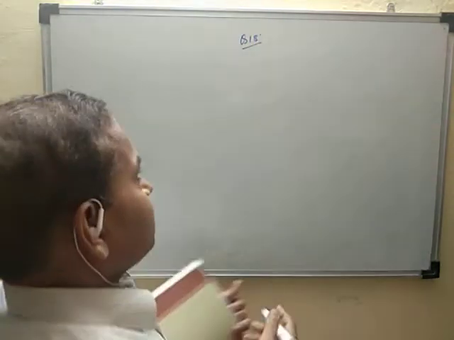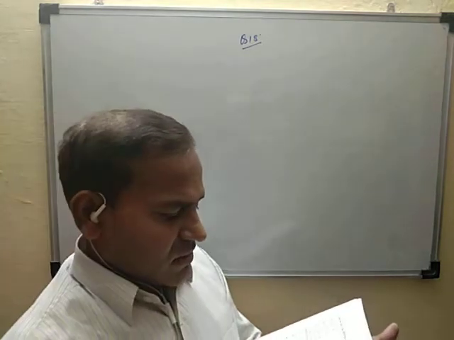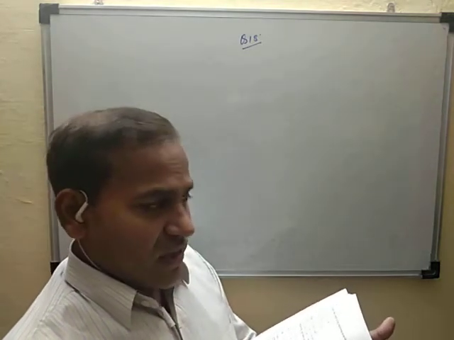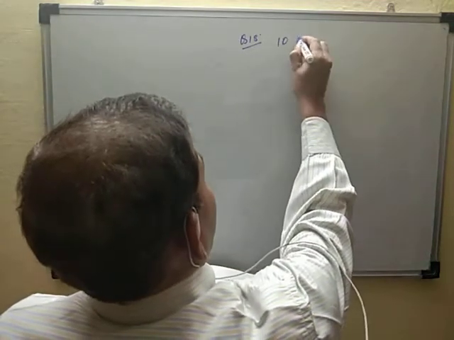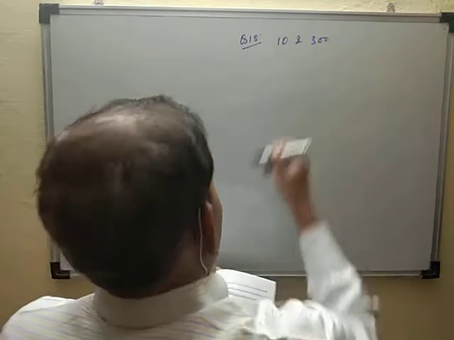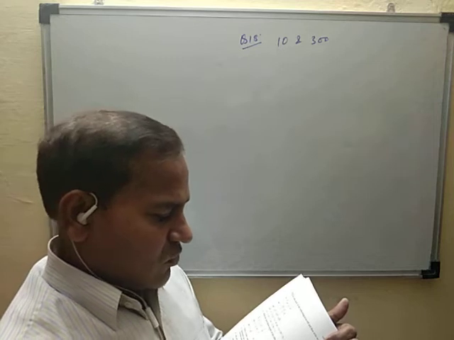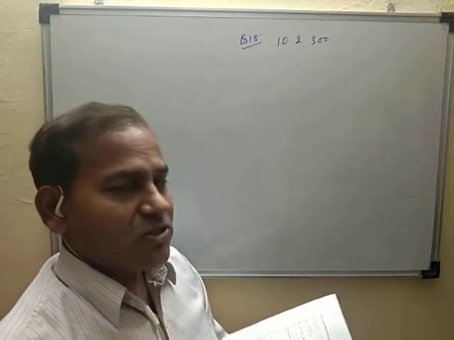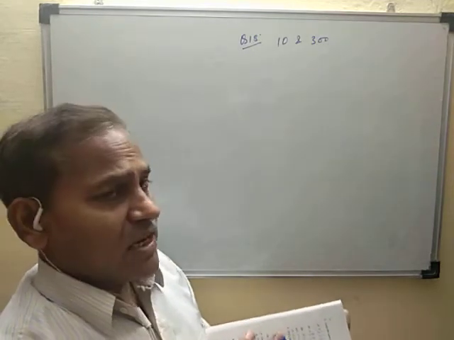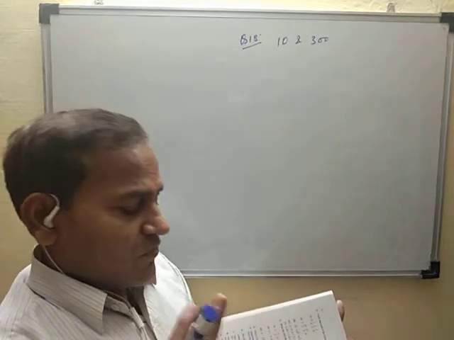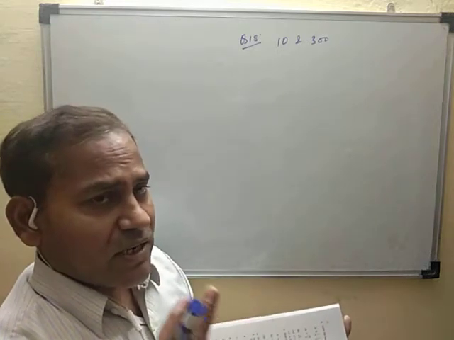How many numbers lie between 10 and 300 which, when divided by 4, leave a remainder 3?